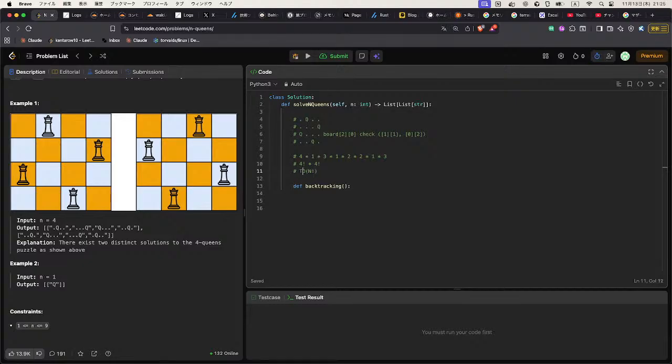So the time complexity is O of n factorial, right?